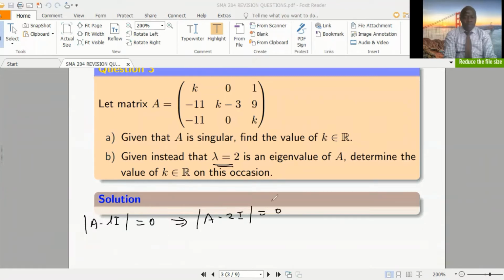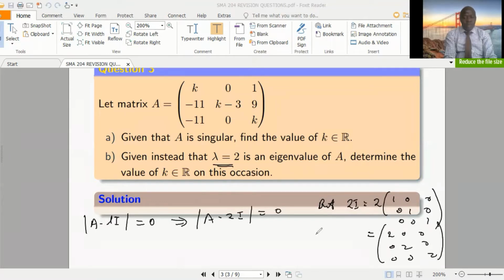So let me see, what is 2I? These are 3 by 3 matrices, so I is the 3 by 3 identity matrix: 1, 0, 0, 0, 1, 0, 0, 0, 1. So 2 times I would be 2, 0, 0, 0, 2, 0, 0, 0, 2.